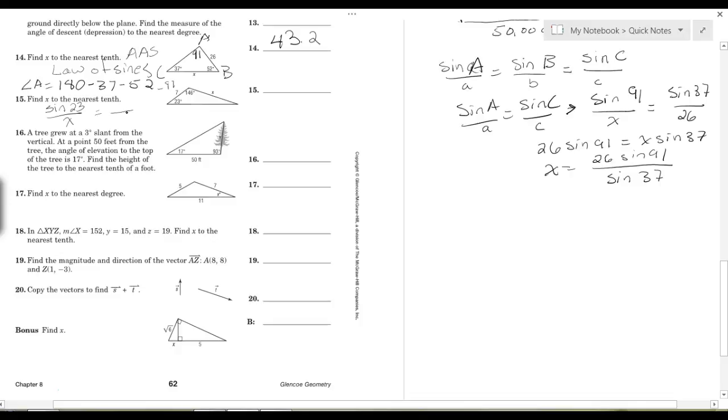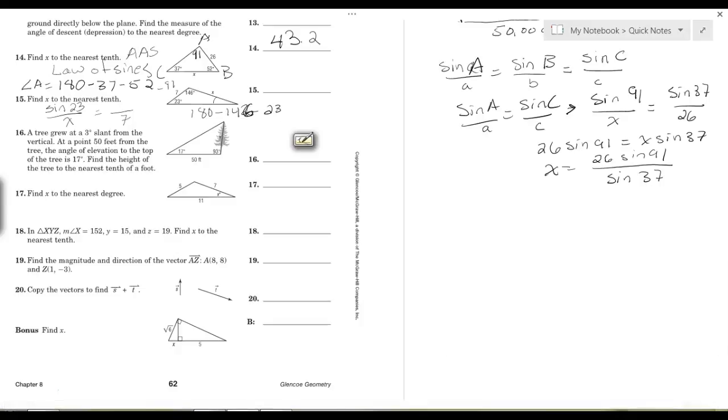So I'm going to put that down here. But it's going to be the sine of this angle. So again, I have to find out what that angle is. So 180 minus 146 minus 23 is going to give me my other angle.